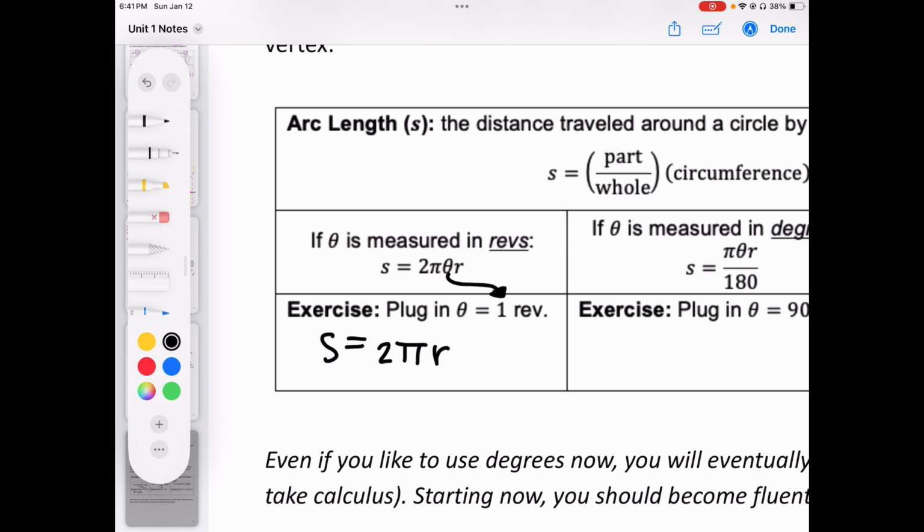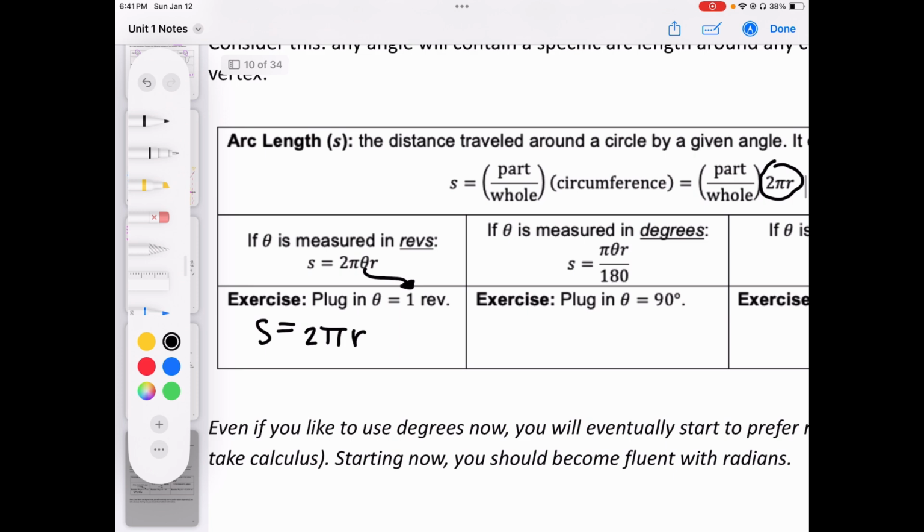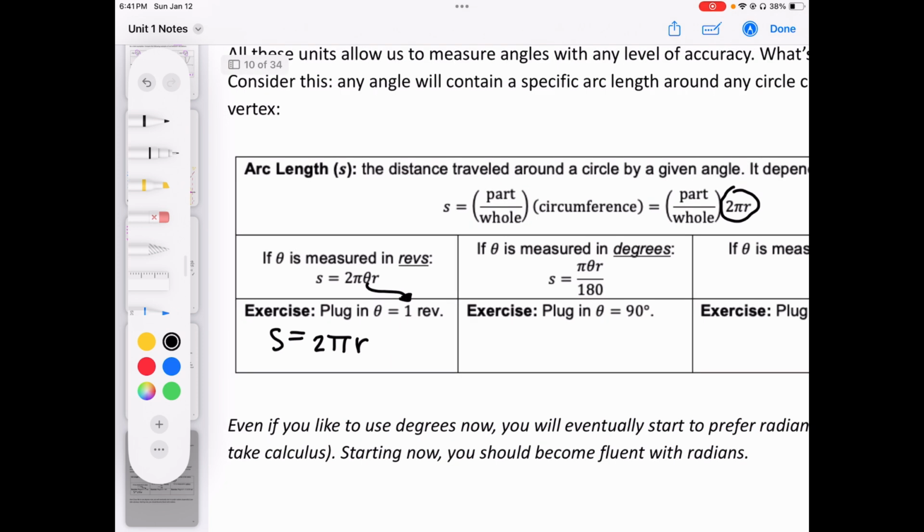If we were working with degrees, we would be dividing by 180 degrees to account for that relationship in the circle. If we are plugging in 90, we would have S equals pi r times 90 over 180, which would simplify to pi r over 2.